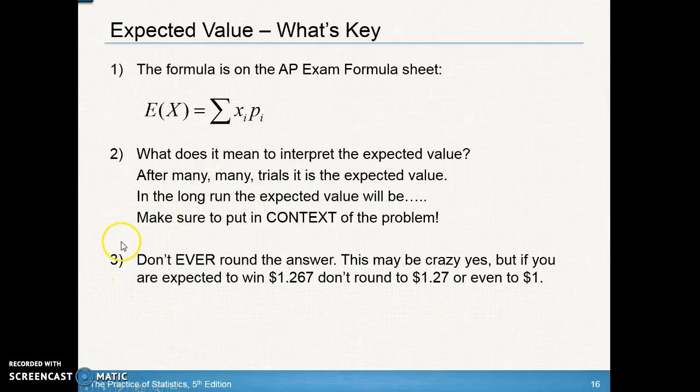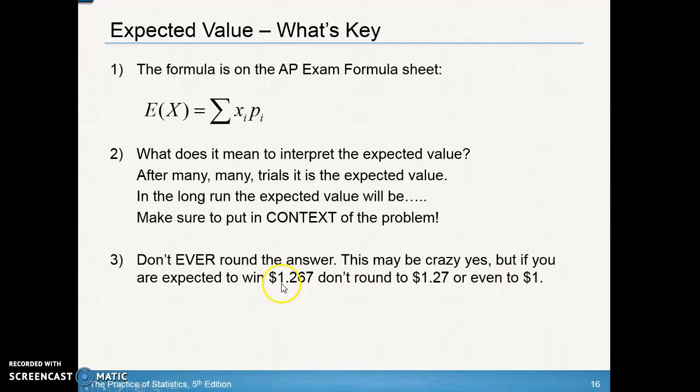And this is tricky because it's kind of hard to sometimes make sense of, especially when you get into questions that involve people, or how many people oppose the funding. Don't ever round the answer with expected value. You might be like, this is crazy. Absolutely. But if you're expected to win $1 and 0.267 cents, don't round to 1.27 or even $1, because that is not the same.